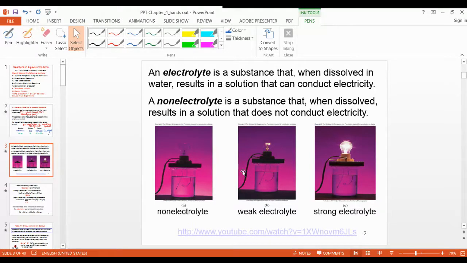Light means the current. So you get the light by the movement of electrons, making a circuit from anode to cathode.